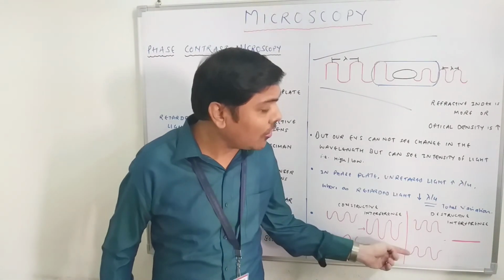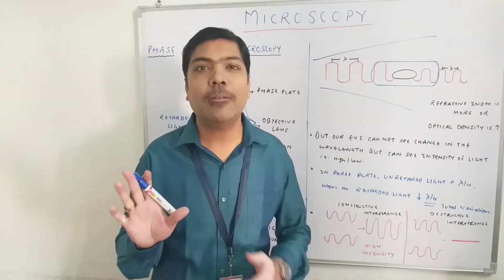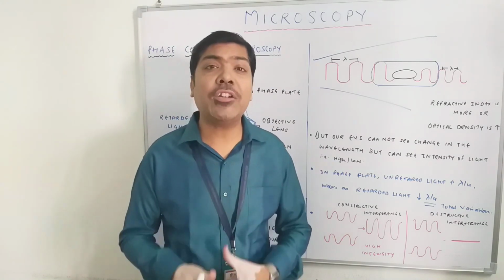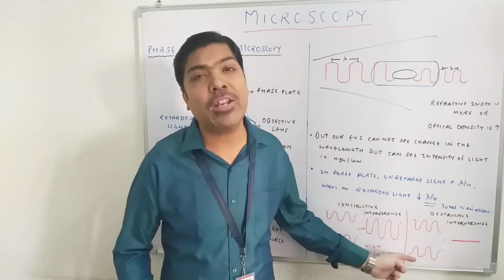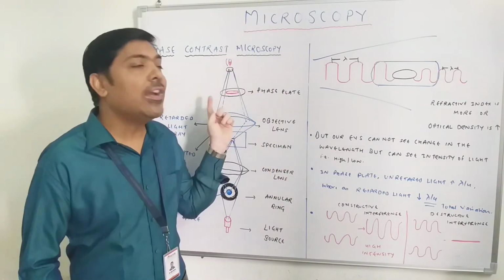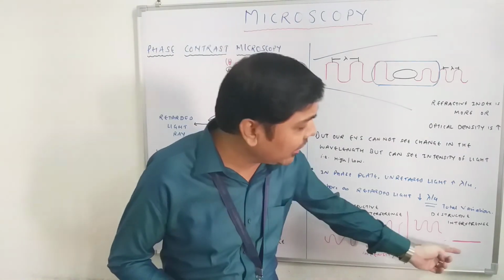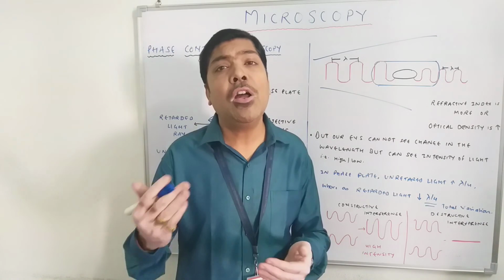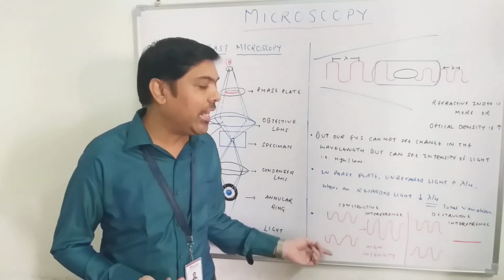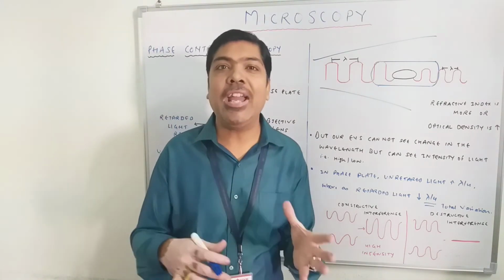But the radiations that we call retarded lights will undergo destructive interference with the help of the phase plate. Because of that destructive interference, we can visualize light of low intensity as compared to the constructive interference light, which will have high intensity.